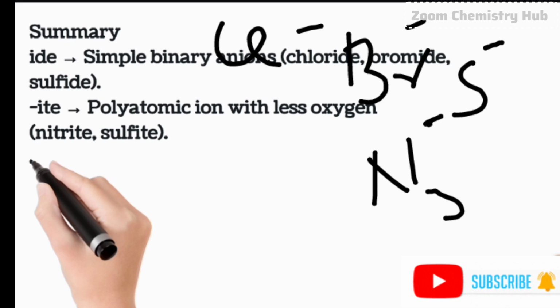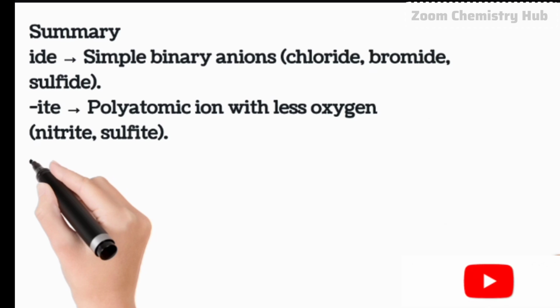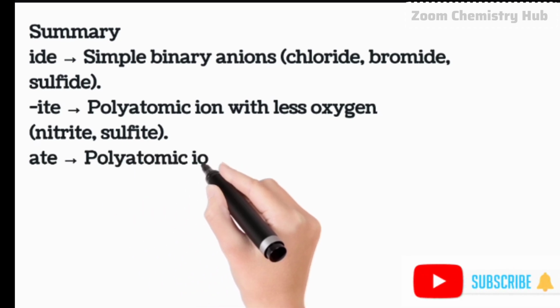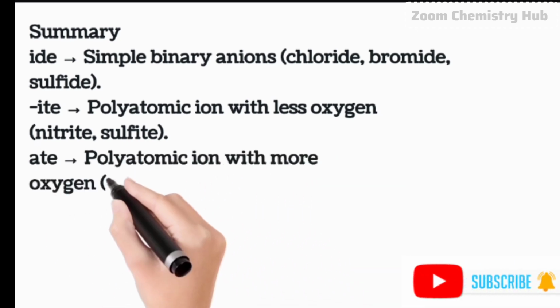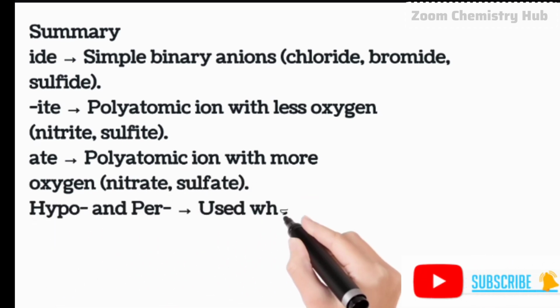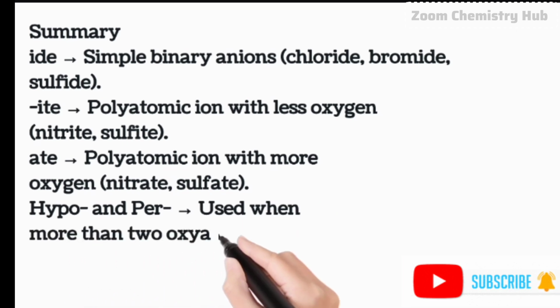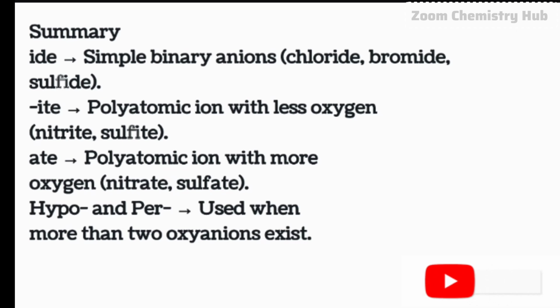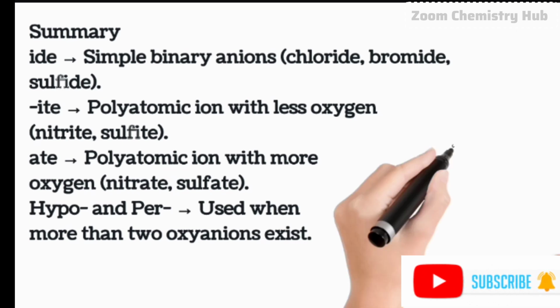ITE is for polyatomic ions with less oxygen, that is nitrite and sulphite, and ATE is for polyatomic ions with more oxygen, that is nitrate and sulphate. Hypo and per are used when more than 2 oxyanions exist.